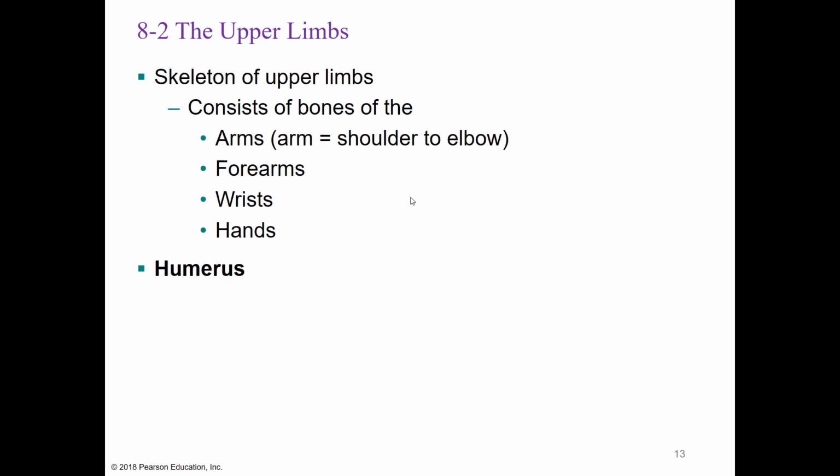Okay, so the appendicular skeleton, of course, includes the upper limbs, which are the bones of the arm. Arm would be shoulder to elbow, forearm, wrist, and hands. So let's start with the bone of the arm, which would be shoulder to elbow, and that is the humerus.